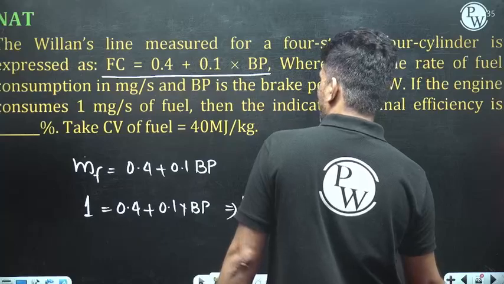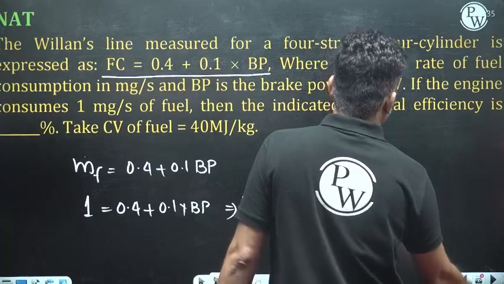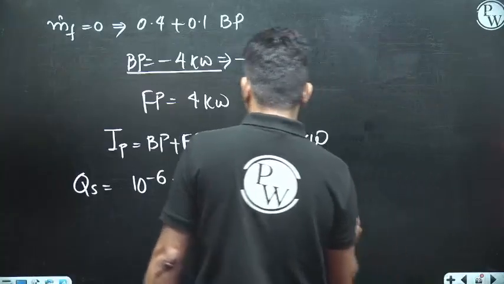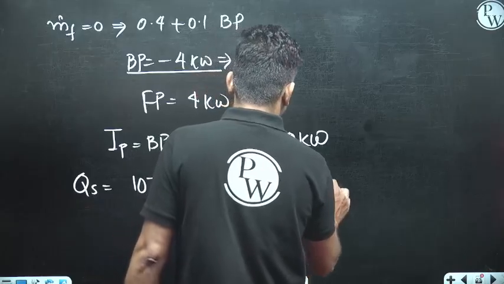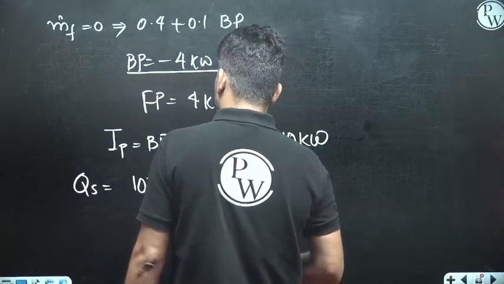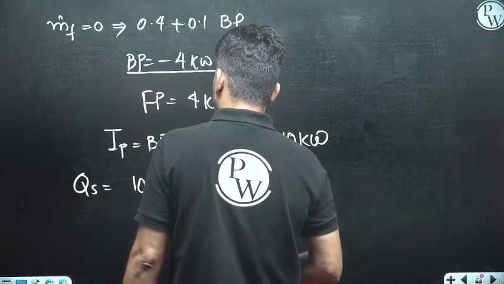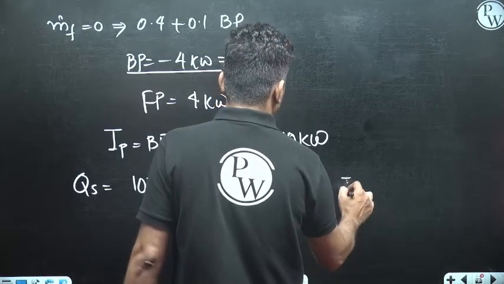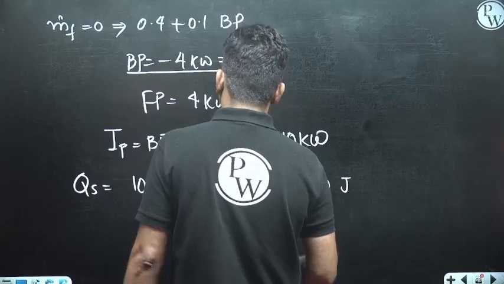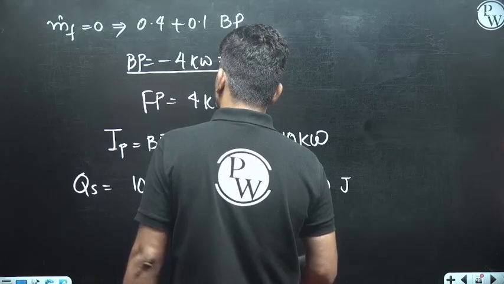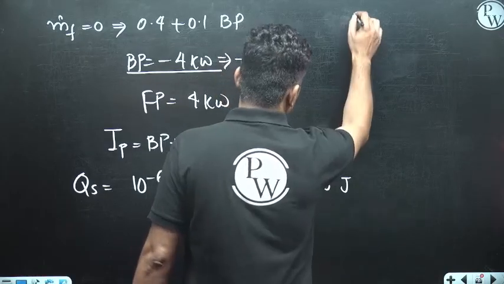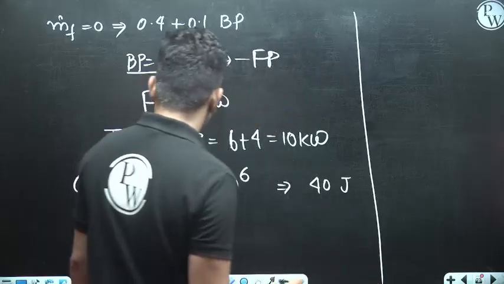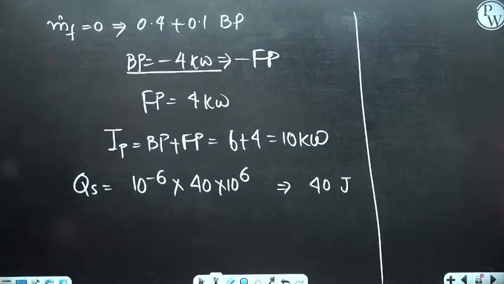40 megajoule per kg. There is one correction, I think instead of milligram this should be gram.